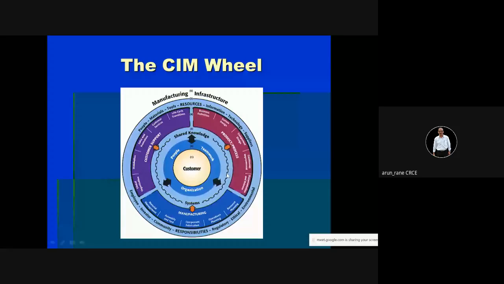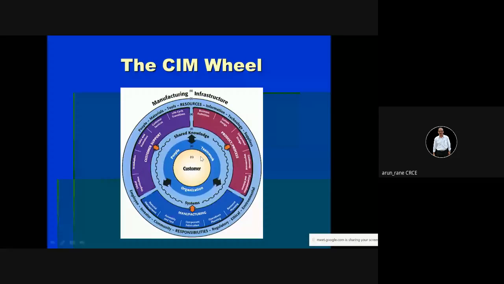Customers can be internal or external. The customer is king, the customer will dictate. Understand? So customer satisfaction: the customer should be happy, the customer should be satisfied.